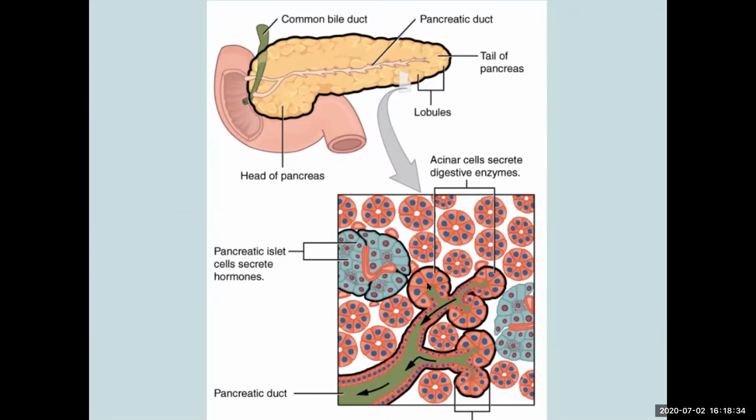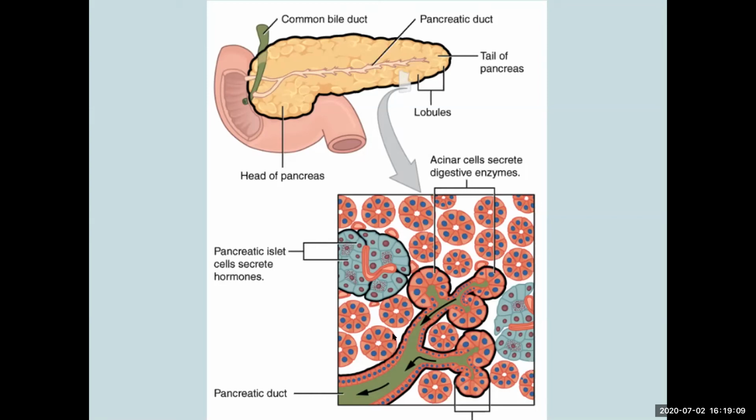They secrete such a wide range of digestive enzymes, for carbohydrate digestion, protein digestion, as well as lipid digestion. So the enzymes secreted by your pancreas are able to digest all three categories of food: carbohydrate, protein, and fat.